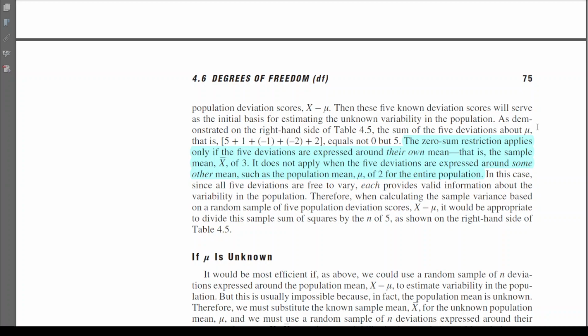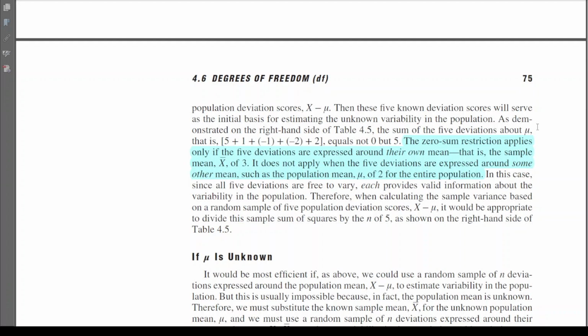So we are using the 5 values from the sample to measure the unknown variability in the population. The zero sum restriction applies only if the 5 deviations are expressed around their own mean, that is, the sample mean x bar of 3.